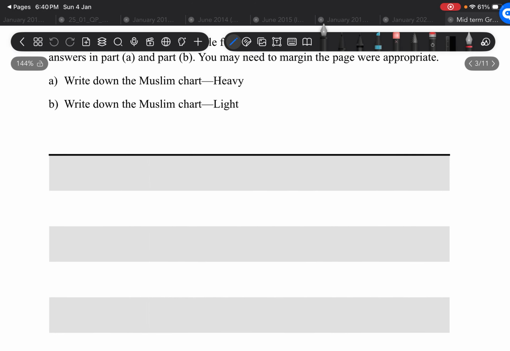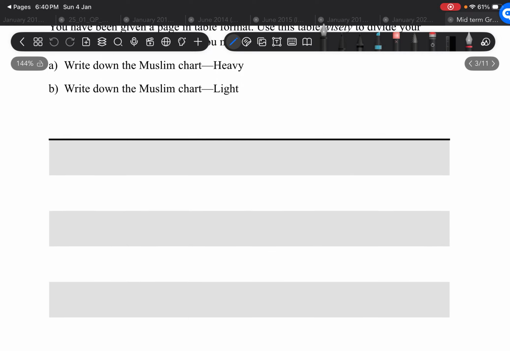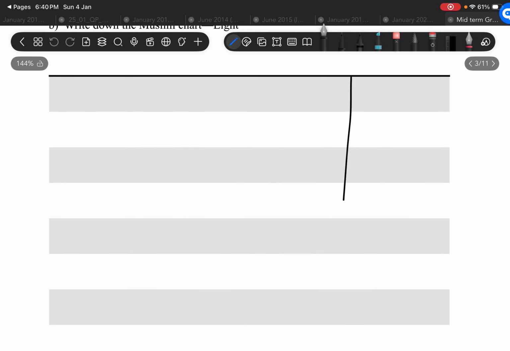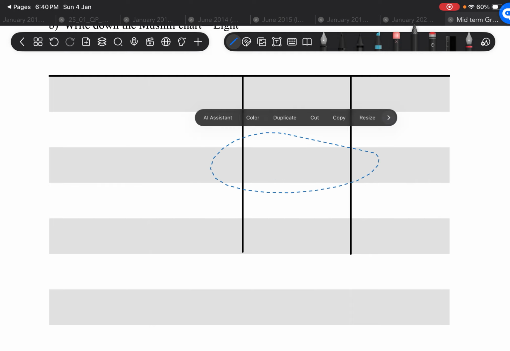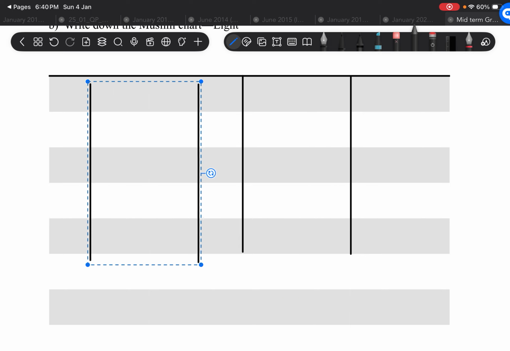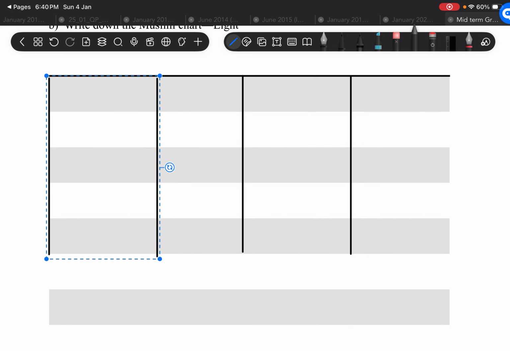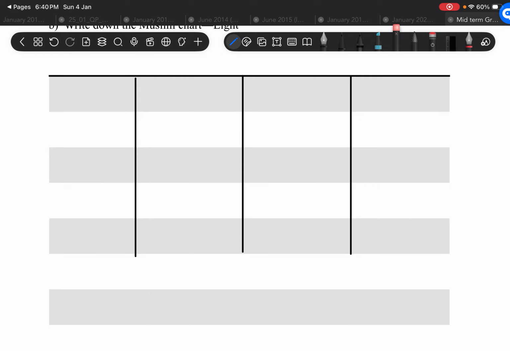Basically, the first question was to write the Muslim chart, the heavy version. So you would need to make a chart like this. You probably need to make more margins than this. I'll just duplicate this. There you go, something like this.